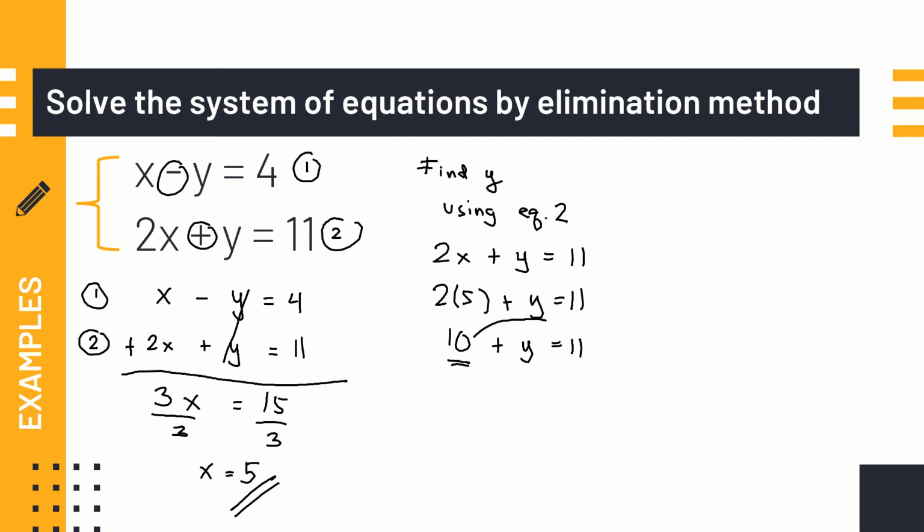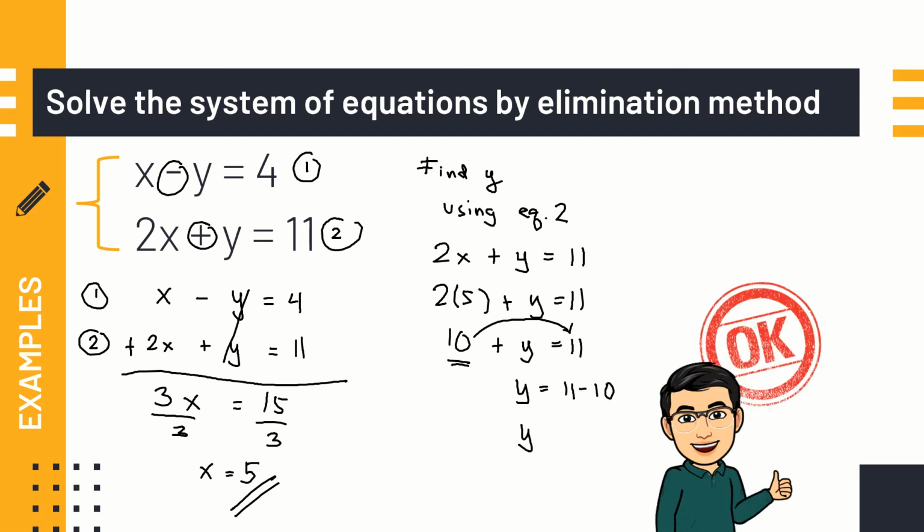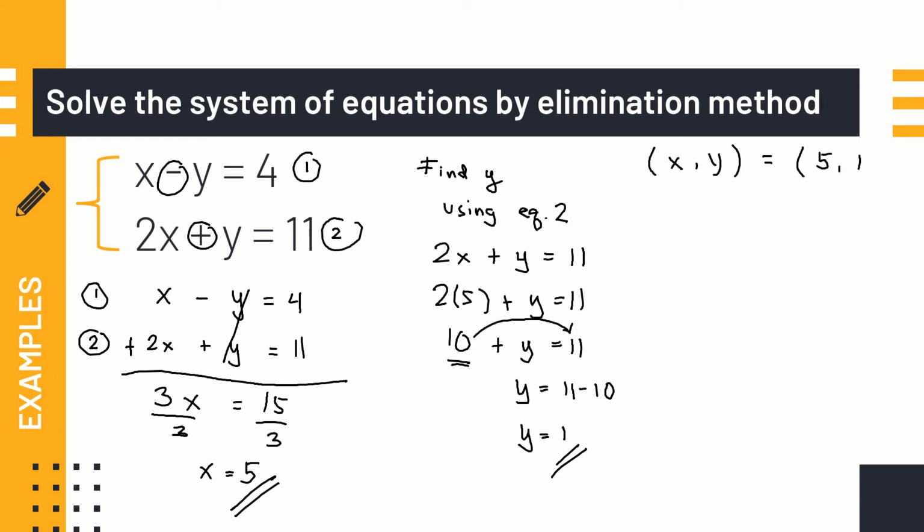Then let's move 10 to the other side of the equation, or additive inverse. So y equals 11 minus 10; from positive 10, it will become negative 10, therefore y is equal to 1. So we already computed the value of x and the value of y, which is 5 and 1 respectively.